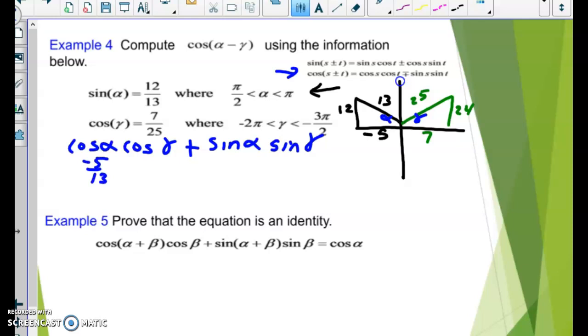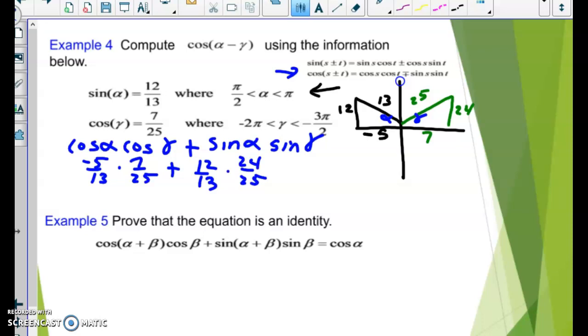The cosine of the other one we know is 7 over 25. The sine of the black triangle is the opposite over hypotenuse. I think we knew that one. Times the sine of the green one, which is 24 over 25.